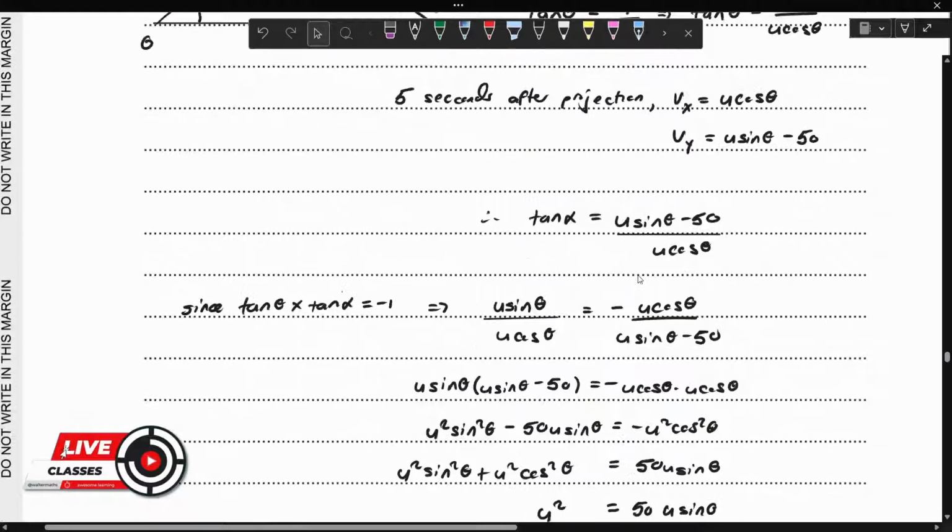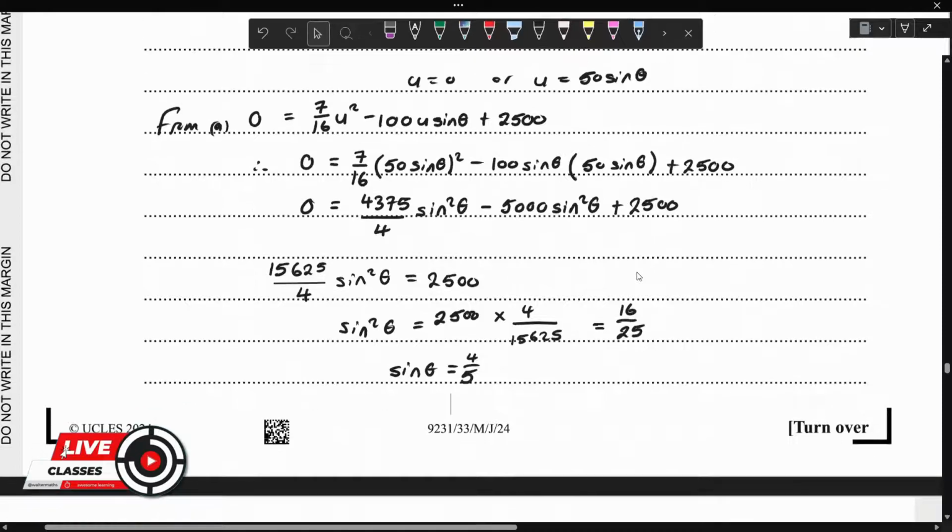So what is u? We remember we got u to be 50 sine theta. So u would be 50 times 4 over 5. Yes.